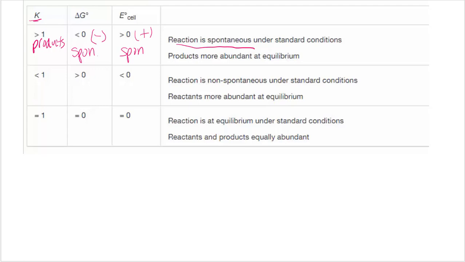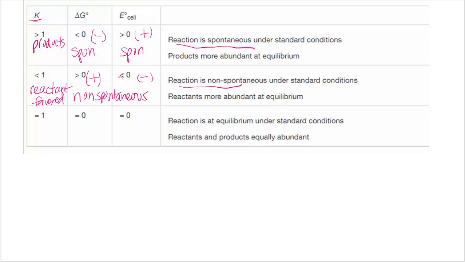Now, if we look at that equilibrium constant and it's less than 1, that means that we're favoring the reactants. A delta G of greater than 0, so a positive delta G, non-spontaneous. And that's the same Ecell, a voltage less than 0, so a negative voltage.